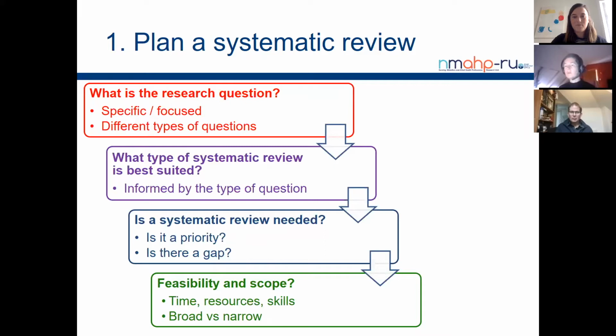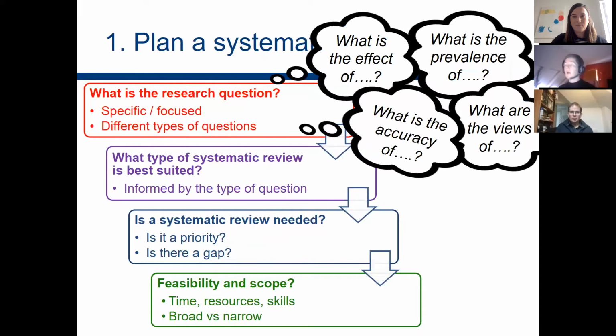There are all sorts of different types of questions that you might think about asking. You might ask about the effectiveness of constraint-induced movement therapy compared to some other sort of intervention. Or you might be more interested in what stroke survivors' experiences are of carrying out constraint-induced movement therapy. The type of research question that you're asking will very much inform the type of systematic review that you're going to want to do.